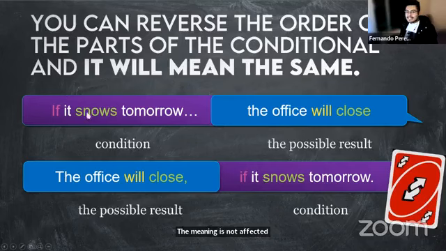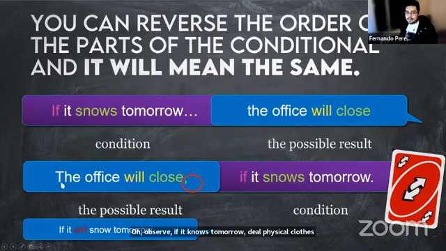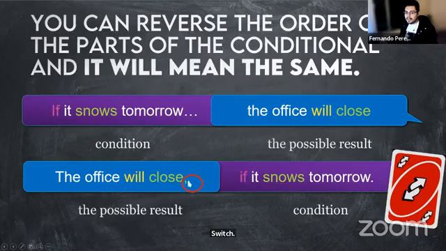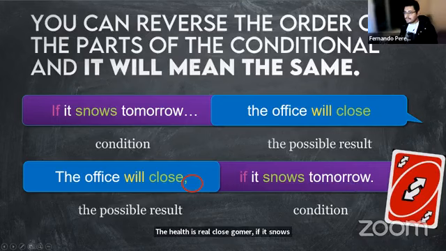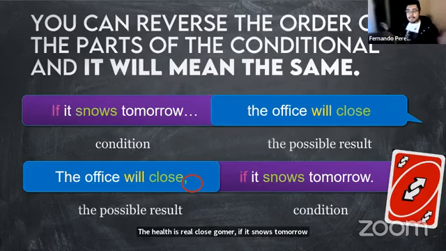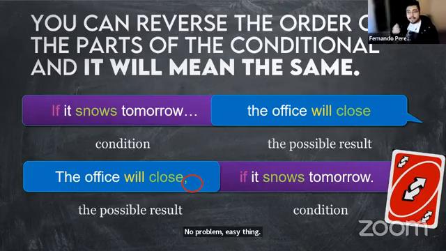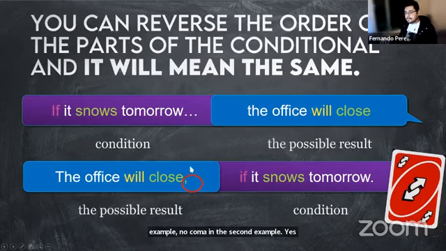Observe: if it snows tomorrow, the office will close. Switch. The office will close, comma, if it snows tomorrow. No problem. It's the same. Observe the position of the comma. In the first example, no comma. In the second example, yes, comma. Right?